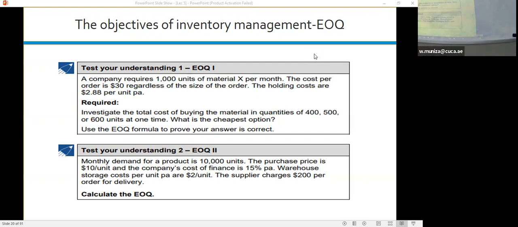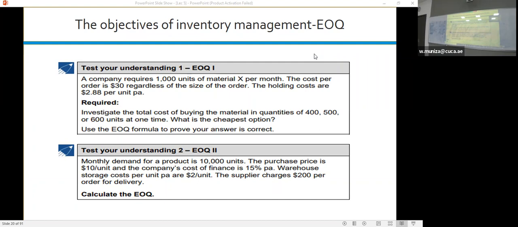I do not have the scientific calculator. It must be 500 units. Take the square root of 250,000. It's 500. Atif, have you got the same? Yeah. Okay, so economic order quantity is 500 units.